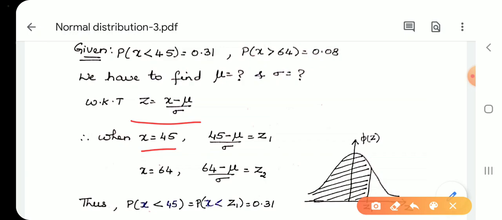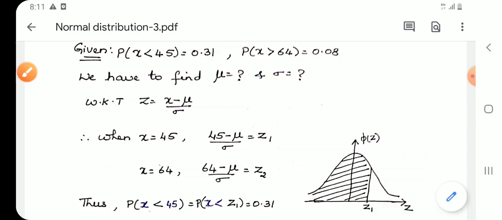So we will write it as when x is equal to 45, 45 minus mu by sigma is equal to z1. We will represent the corresponding value of z as z1 in the case when x is equal to 45. Similarly, when x is equal to 64, 64 minus mu by sigma, we represent the corresponding value of z as z2.